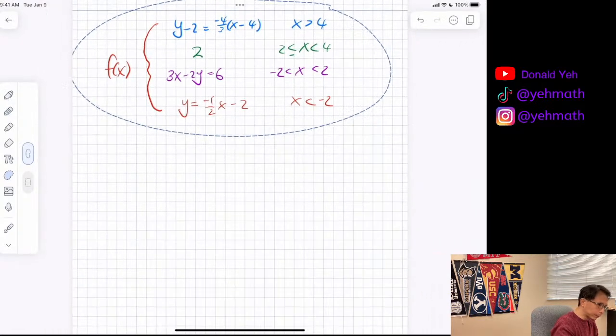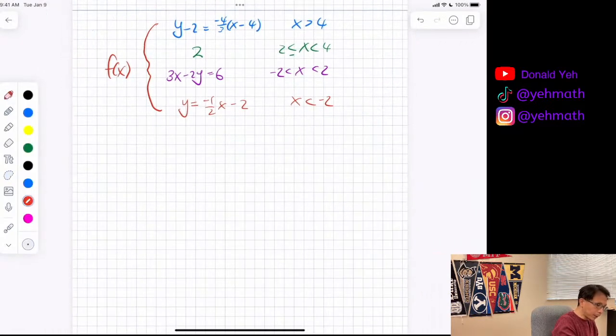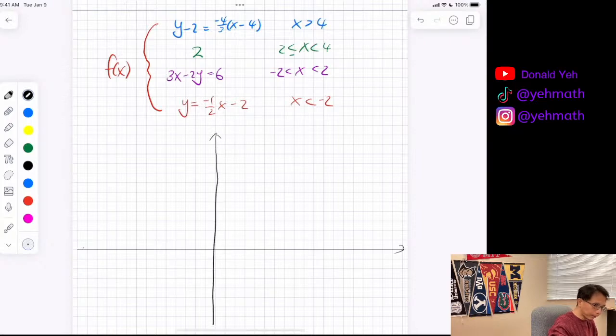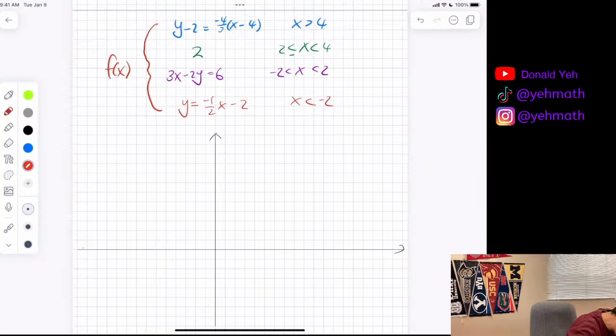So I'm going to start with the restriction first, and I'm going to show you what a restriction is. That means the blue function only graphs in certain situations. So greater than 4, it's going to be like here. That means the blue function only graphs on the blue.